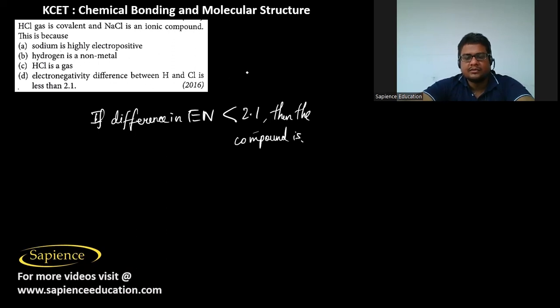It means suppose a compound AxBy has been formed. So then this compound will be stable if the difference in the electronegativities of the elements A and B is less than 2.1, then this compound AxBy will be covalent.